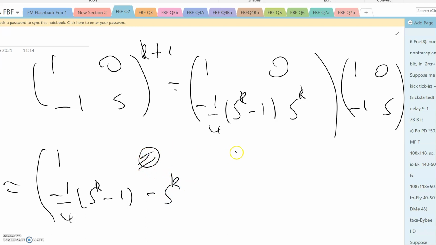And then finally, 0 times the complicated fraction and 5 to the k times another 5 gives 5 to the k plus 1. So all that remains to be done is to simplify the bottom left expression.